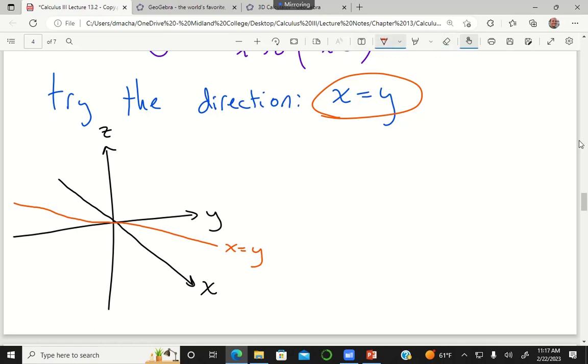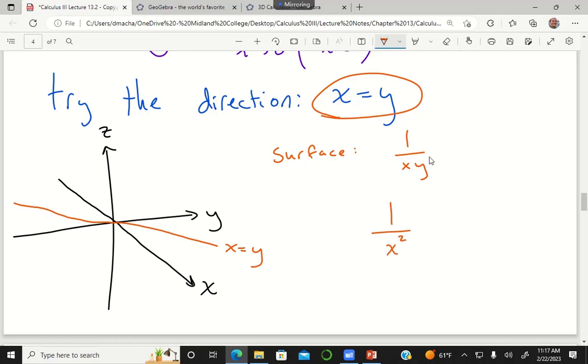So let's take the trace of this surface, and I'm still talking about the surface 1 over xy. If I take the trace of that surface in the plane where x is equal to y, then now I could rewrite this as 1 over x squared, right? Because I just said x is equal to y.